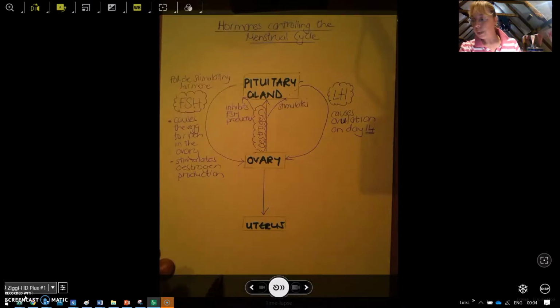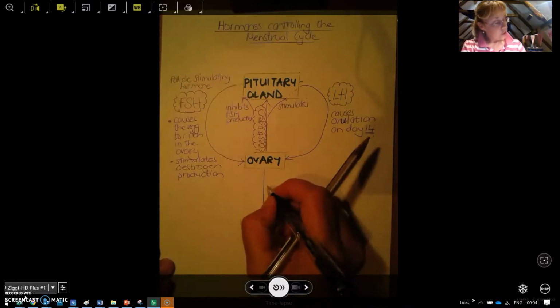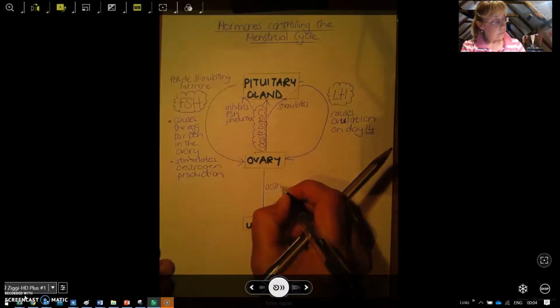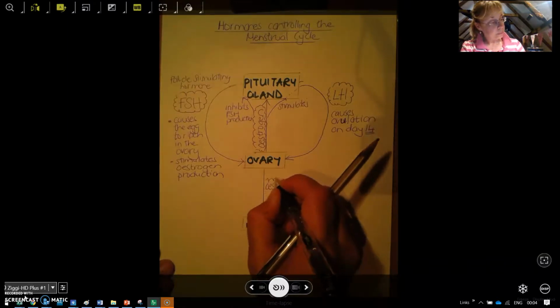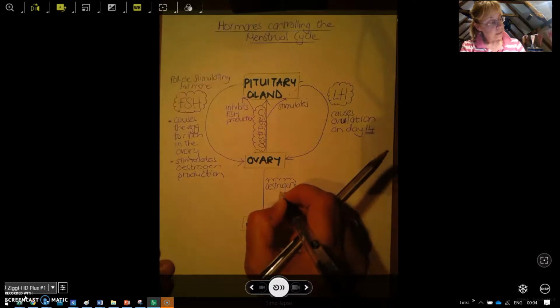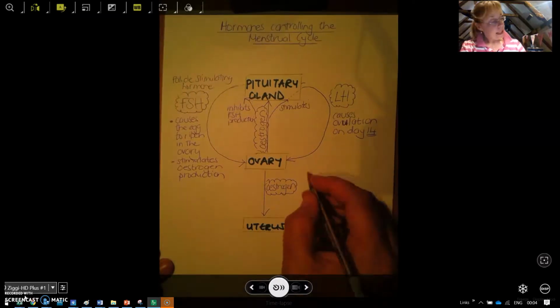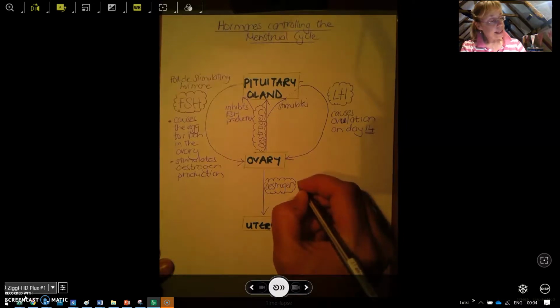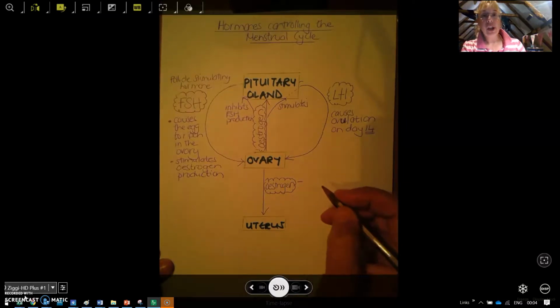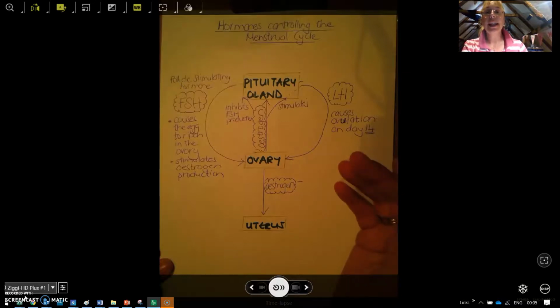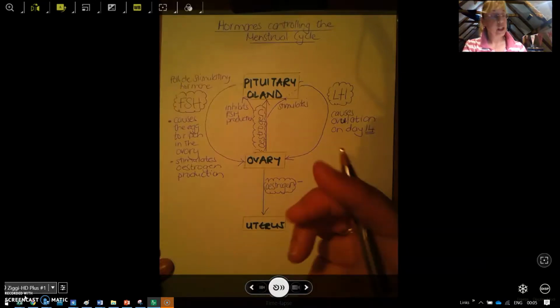So estrogen is secreted here as well, and its job is to cause the lining of the uterus to start growing. Why does it need to grow? In preparation for fertilization.